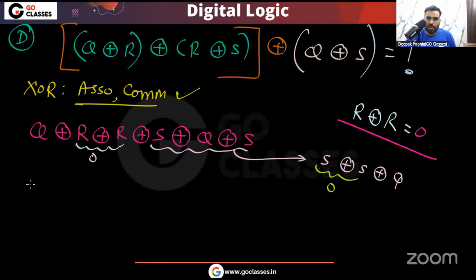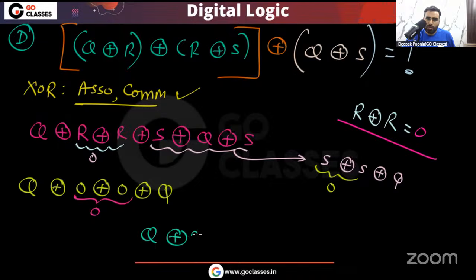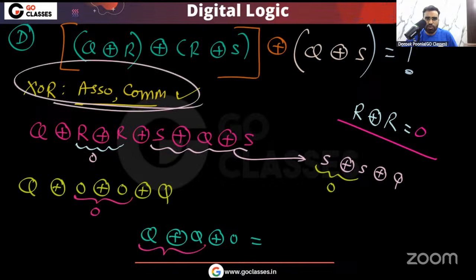So I can say that I got Q XOR 0, XOR 0, XOR Q. Now 0 XOR 0 is also 0. And I can apply the commutative property and write it like this: Q XOR Q, because XOR is associative and commutative.